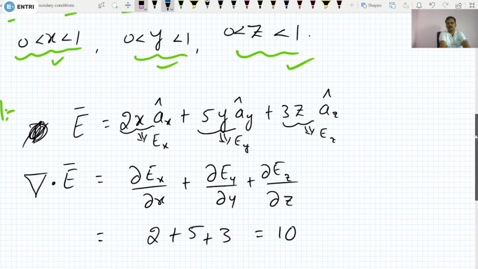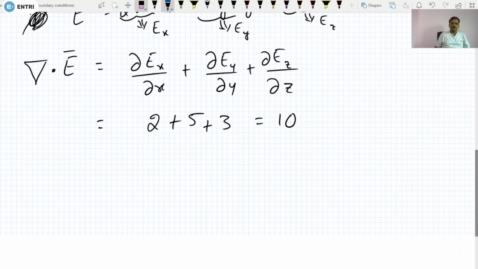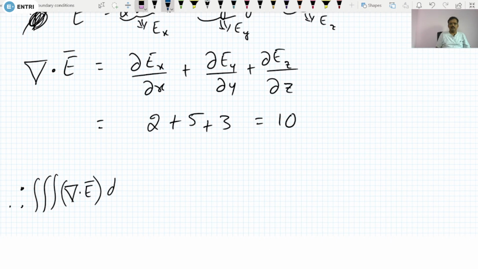Now we evaluate the triple integral of divergence of E bar dV. Here dV is dx dy dz, the integration variables. So you have to write the range of x, y, and z.